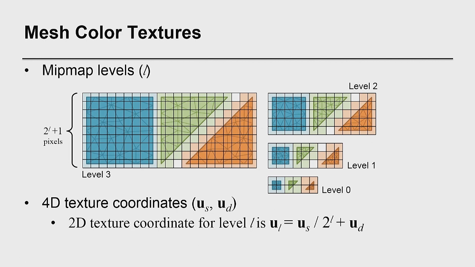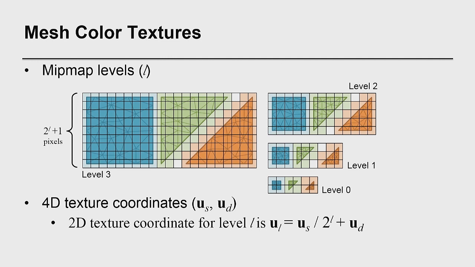If you were to store all these UV coordinates for all mipmap levels, that's going to require a ton of storage. To handle that, what we're doing with mesh color textures is storing a 4D texture coordinate. This 4D texture coordinate has two 2D coordinates, and using this really simple math, you can compute the 2D texture coordinate for any given mipmap level. So all these UV coordinates for all mipmap levels are packed into just one 4D coordinate, right?